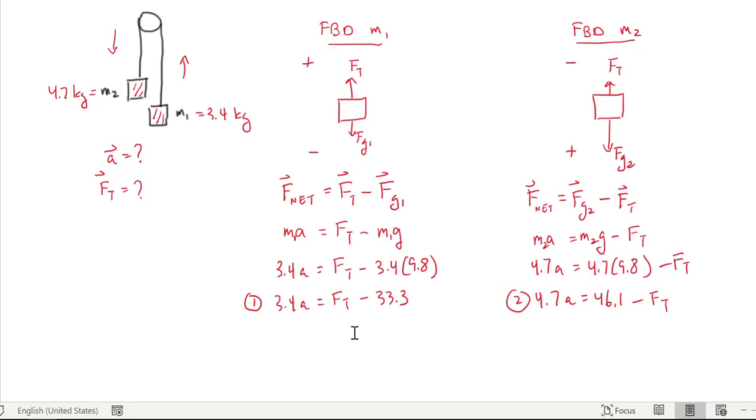So what I should be able to do is rearrange one equation. So let me rearrange this one. Ft equals 3.4A plus 33.3. And I should be able to sub this into here.